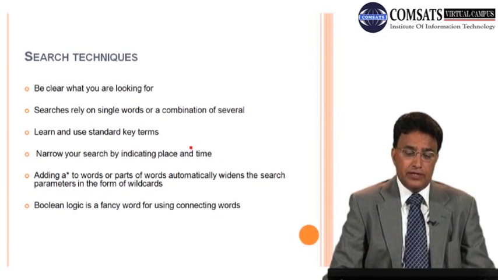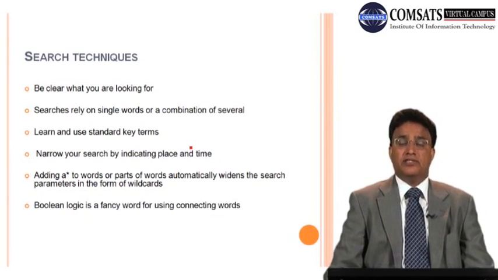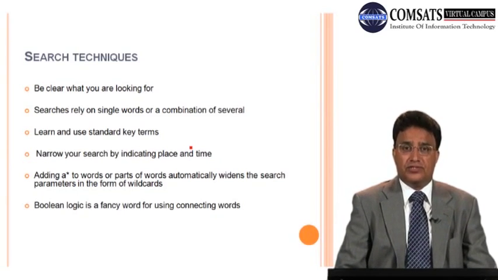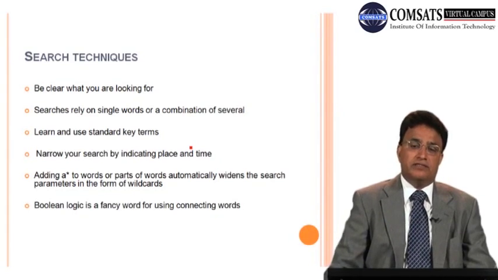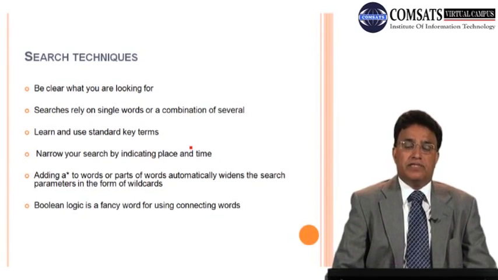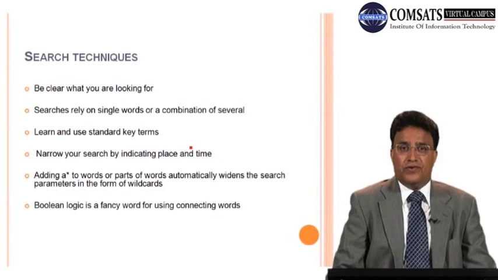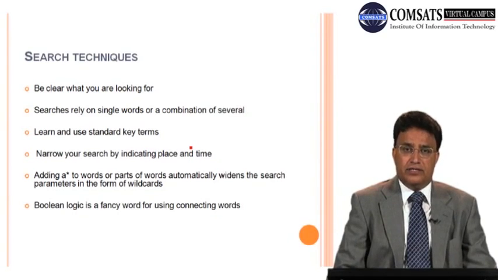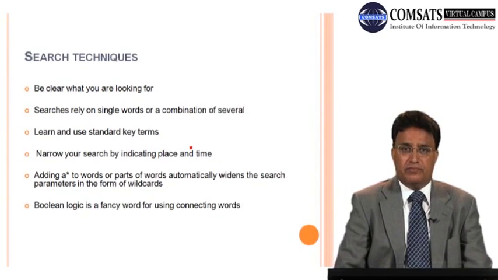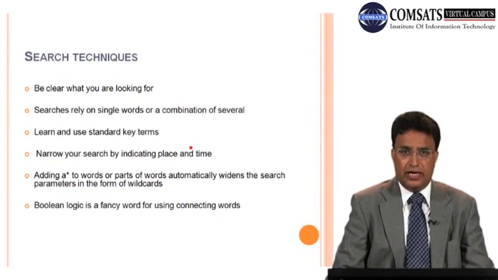Then you need to narrow your search by indicating place and time. That is mentioning place or location and time, say from 1999 to 2004. So information that would be between 1999 and 2004 only would be the focus, and you'll get it.